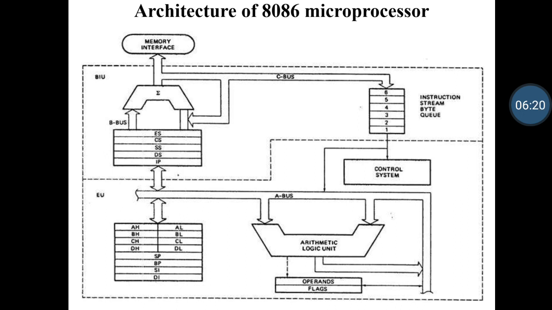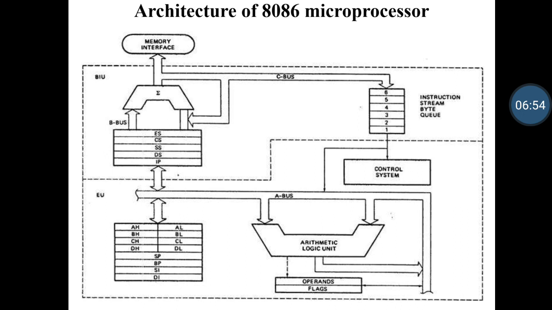General purpose registers are AH, AL, BH, BL, CH, CL, DH, DL. These are the general purpose registers, and SP, BP, SI, DI are pointer and index registers, and all these registers are 16-bit registers, because the 8086 processor is a 16-bit processor.